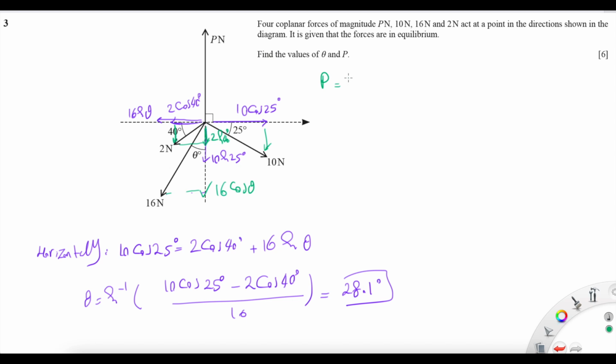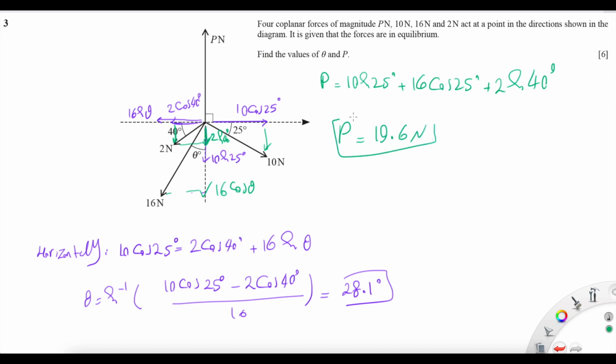So it will become 10 sine of 25 plus 16 cosine of theta plus we have another vector 2 sine 40, which will be equal to 19.6 newtons.